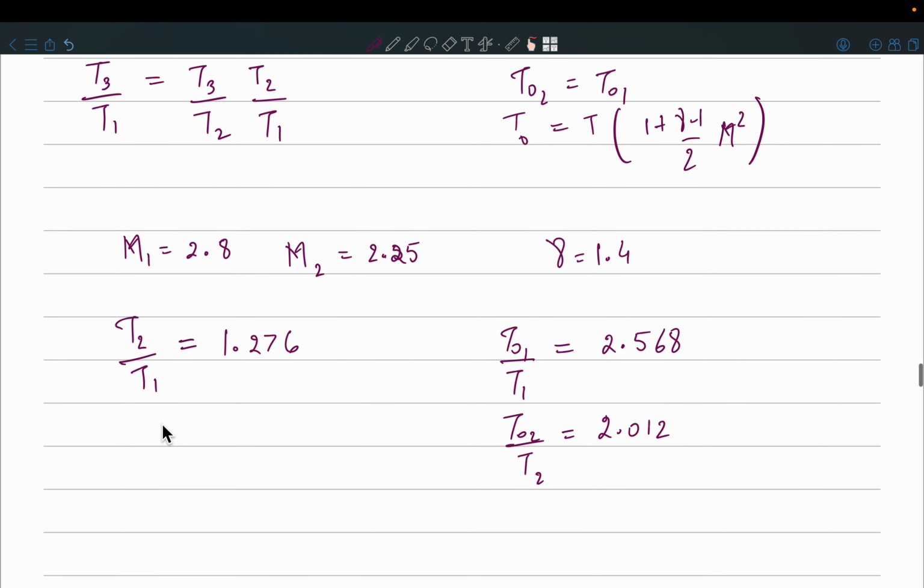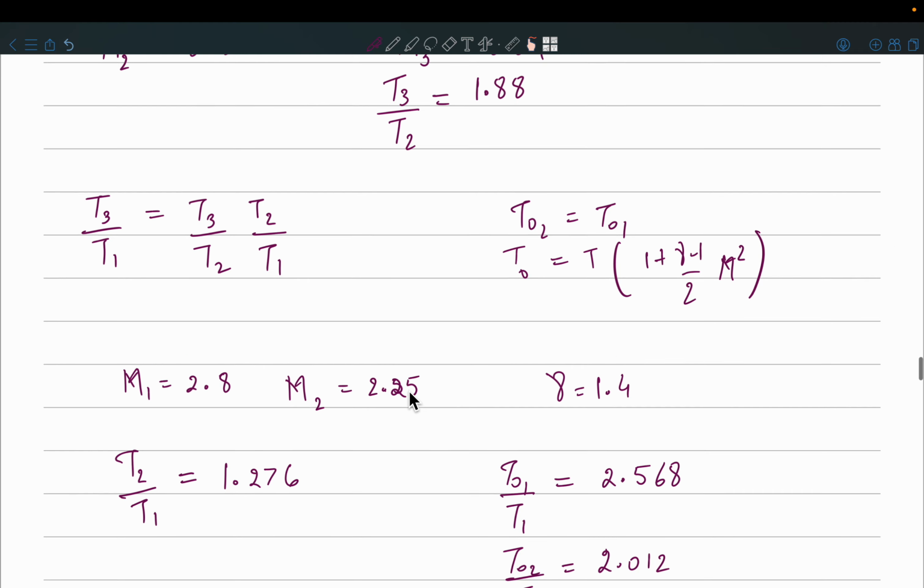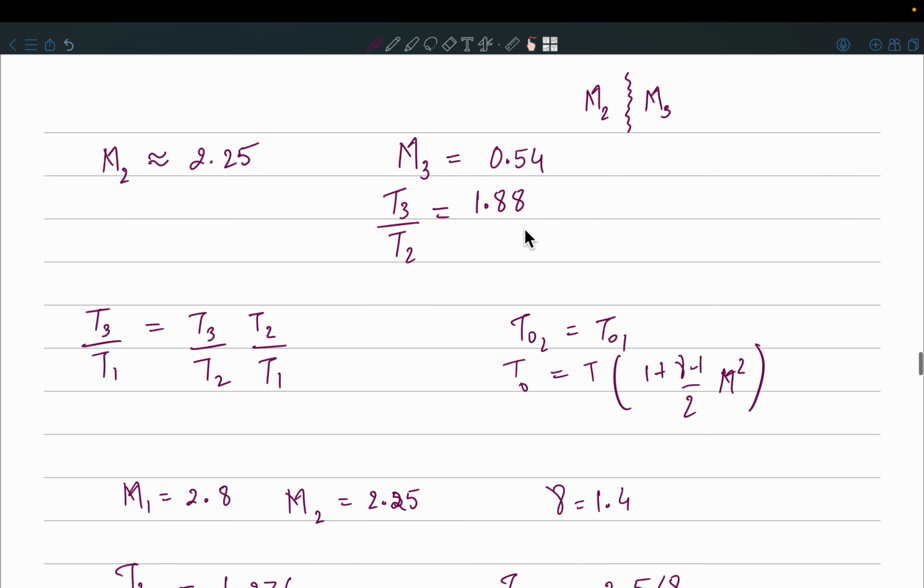Okay, so what do you get? T3 by T1? T3 divided by T2, we got 1.88.